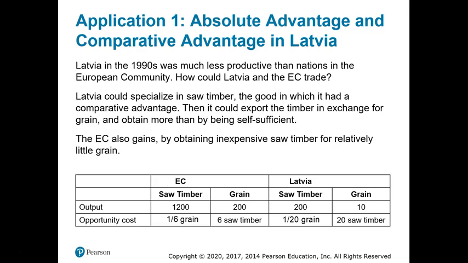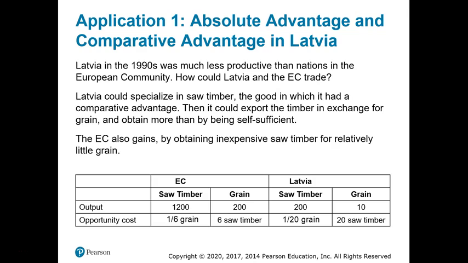In Latvia, though, it's 20 timber per grain. They could technically benefit if they did the timber rather than the EU, who only does 6. That's 14 timber more in the EU than they would have had they not decided to trade with Latvia.